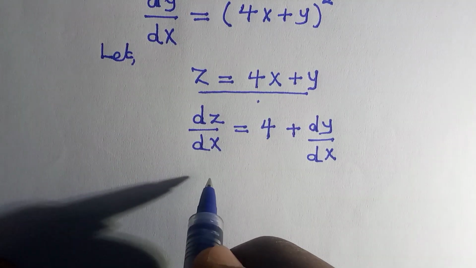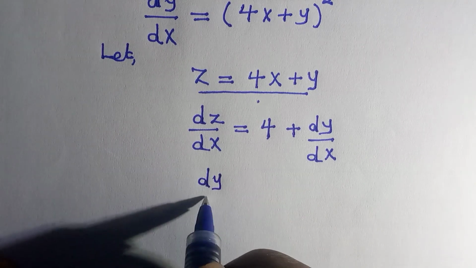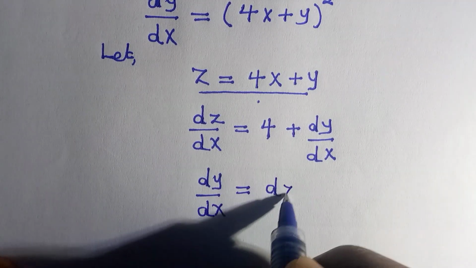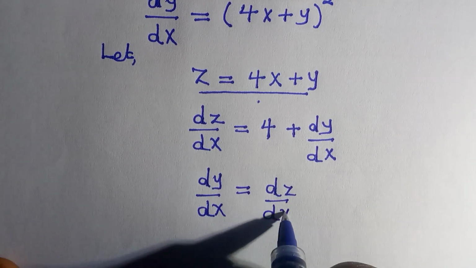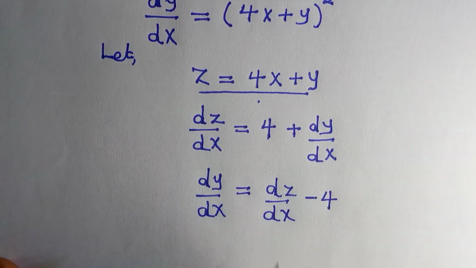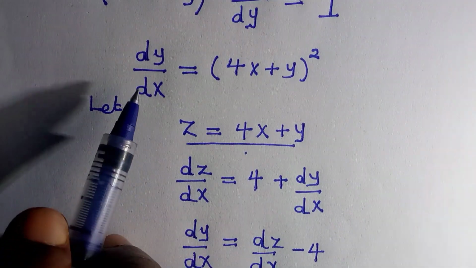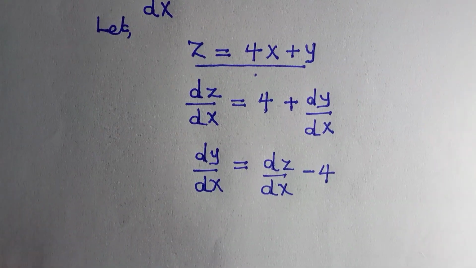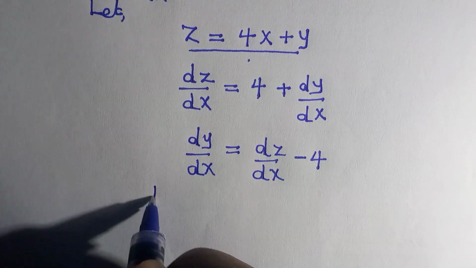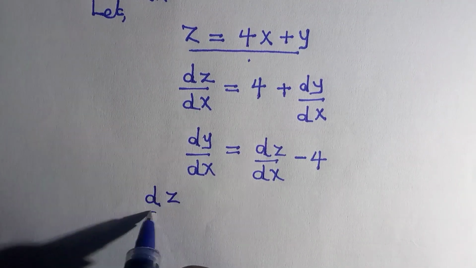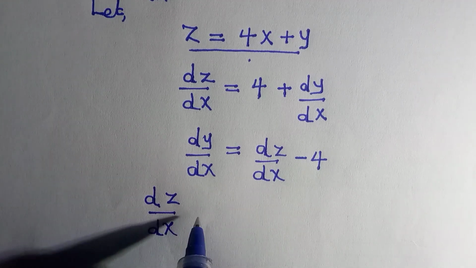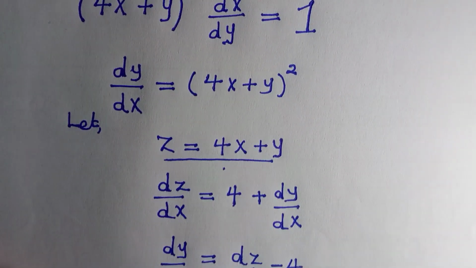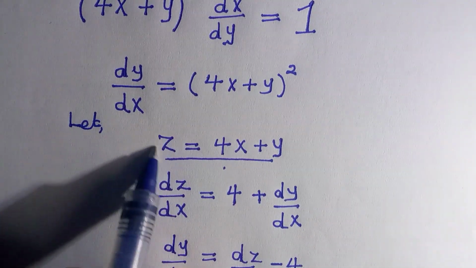So I'm going to make dy/dx the subject of the formula. By transferring 4 here, we have dy/dx equals dz/dx minus 4. And since we have dy/dx at the top, and we have made it equal to dz/dx minus 4, we replace it in the equation above, and we have dz/dx minus 4, everything equals what is inside the bracket, which we let be z.